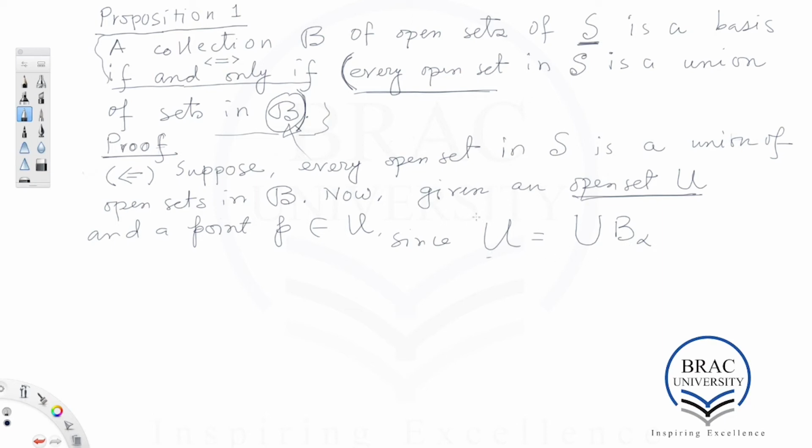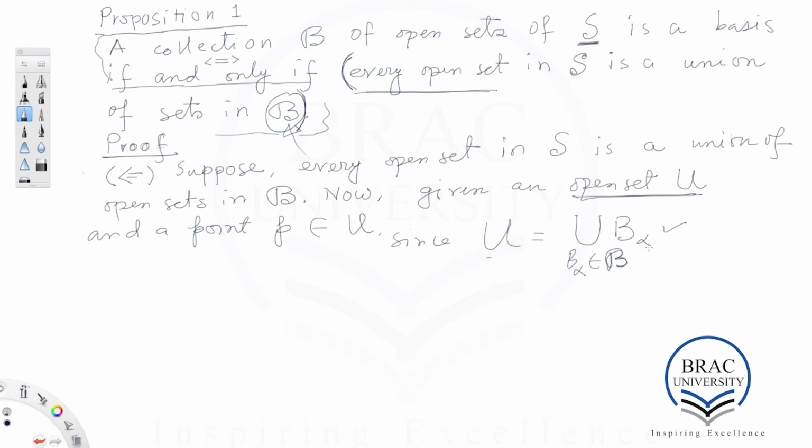That's what we have written down here. So these B alphas are elements in this subcollection. This is something that we are writing by the hypothesis.